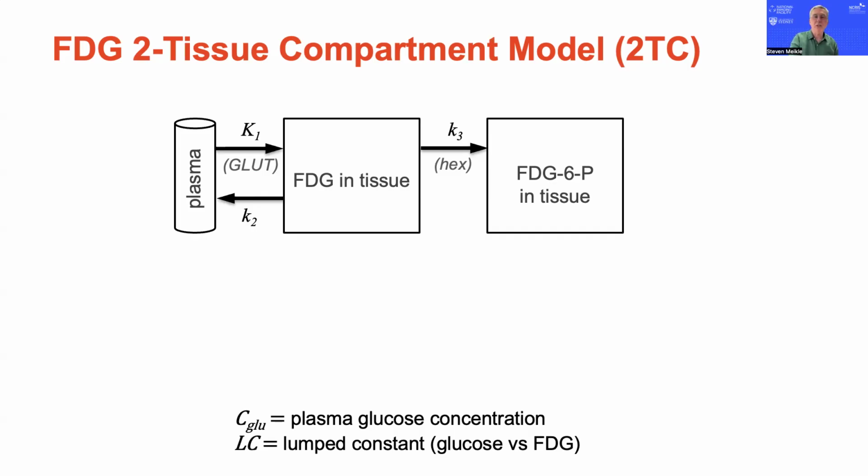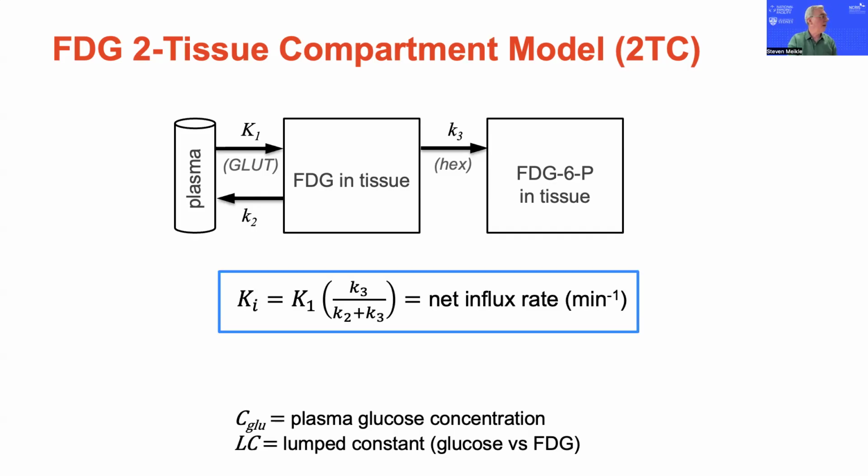So the FDG just continues to accumulate in the tissue. And then this is the key parameter, the net influx rate constant, Ki, which calculates the net forward influx into the tissue. We call it the net influx rate in units of minutes to the -1. And it can be calculated once you estimate or know the value of K1, K2, and K3.